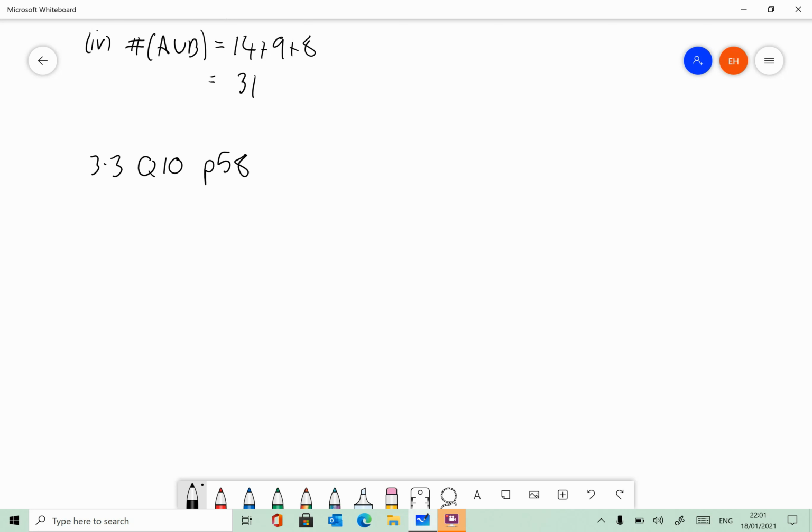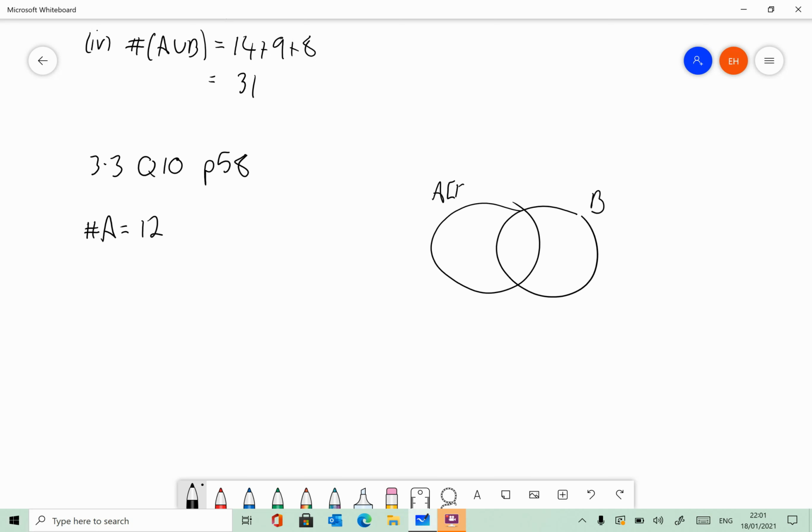Okay, so this is a bit more challenging. We're given an empty Venn diagram this time, and we're told that this set here is called A and this set here is B, and we're told that the size of A is equal to 12. So I'm going to put a little 12 beside it. And the size of B is 14. And in total, in the multicolored zone, there are 22, because A union B is 22.